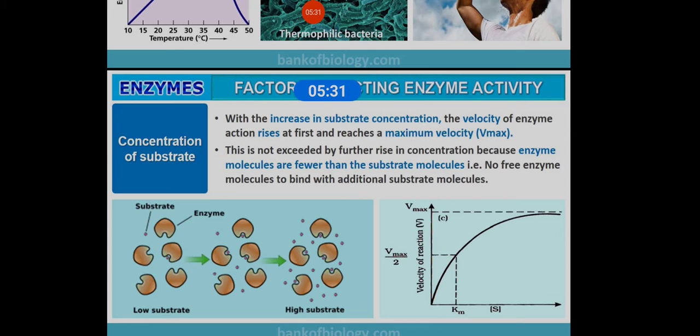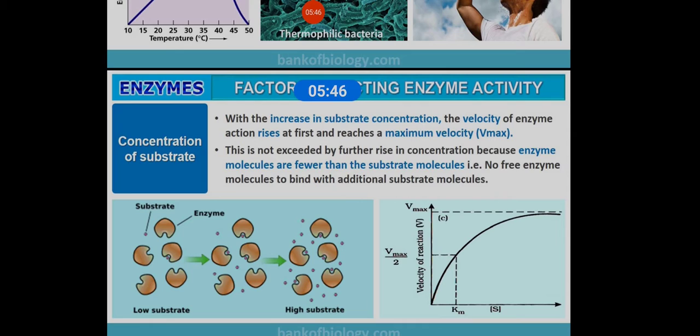Suppose there are 10 enzymes and 10 substrates, so they are going to bind up. Earlier we said suppose there are 10 enzymes and 5 substrate, so if we increase the concentration of the substrate, the action will increase.